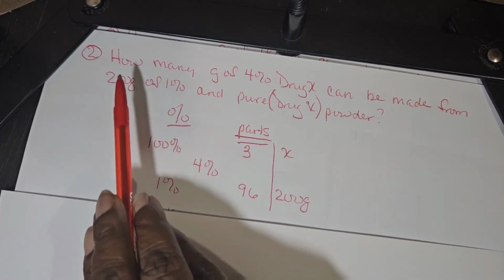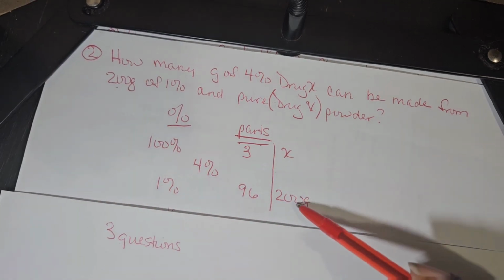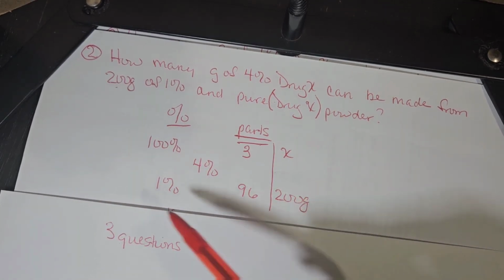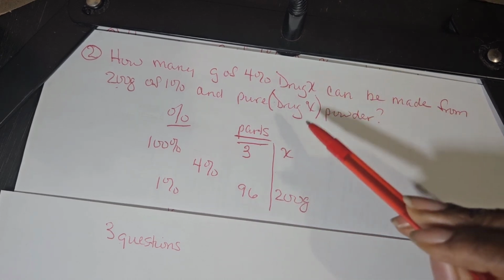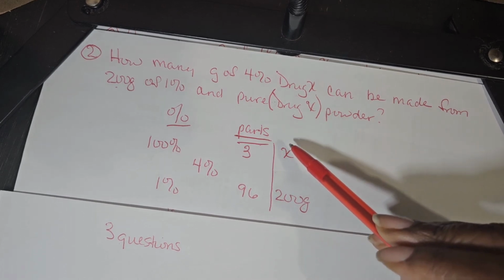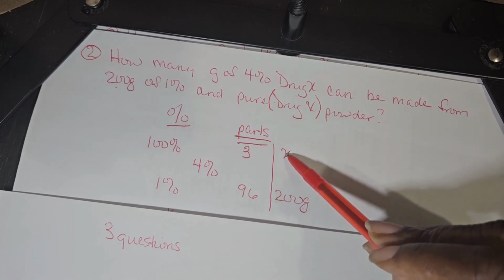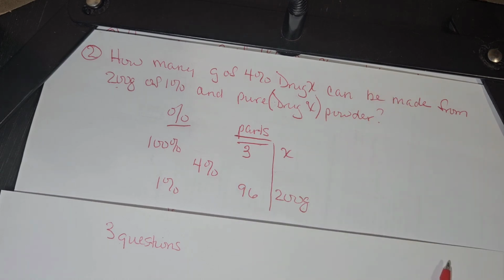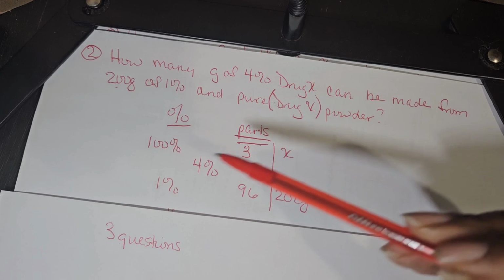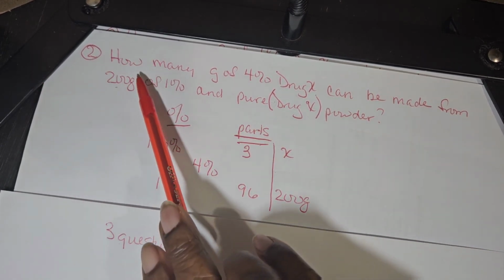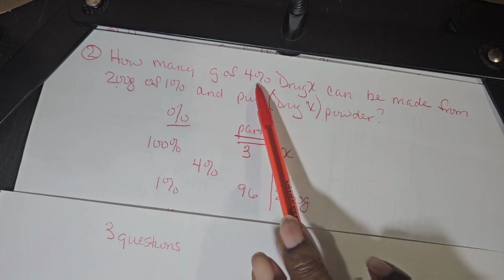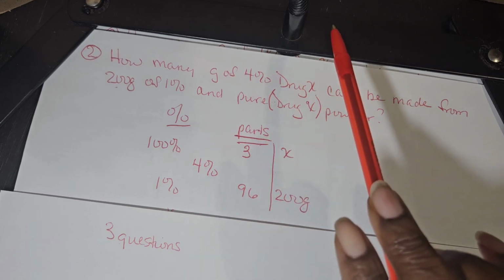Okay, so we know that 200 grams is 1%. That means that 200 grams has to be in the same horizontal line as 1%. Our unknown is going to be X. The way that we're going to solve this is that we are going to solve for the 100%, knowing that our question is asking us how many grams of the 4%.